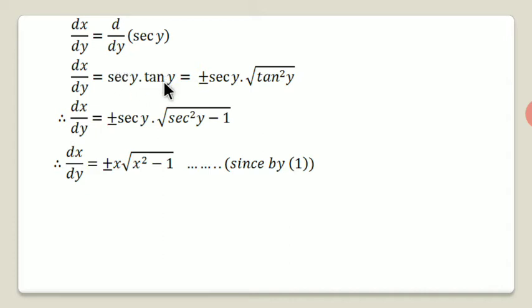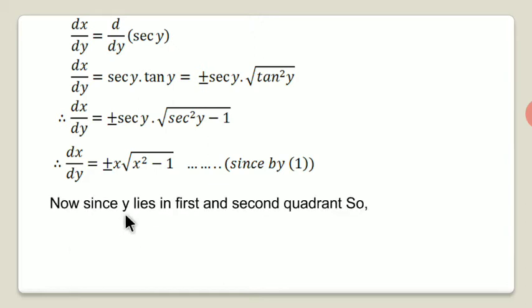So this product is positive in the first quadrant. Also, in the second quadrant, sec y and tan y both are negative. Both are negative. So their product is again positive. And so in first or in the second quadrant, product is always positive.